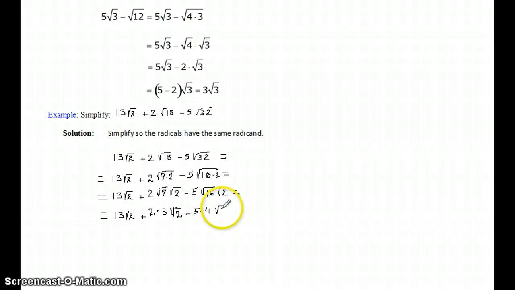So multiply the coefficients of the second and the third square root. And we get 13 square root of 2 plus 2 times 3, 6 square root of 2 minus 5 times 4, 20 square root of 2. Now we can add and subtract those radicals because they have the same radicands.